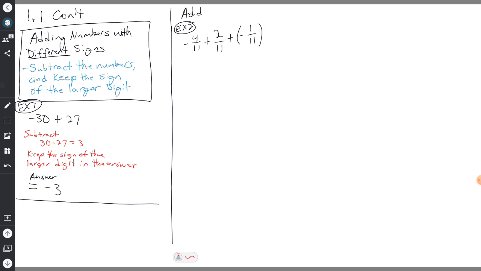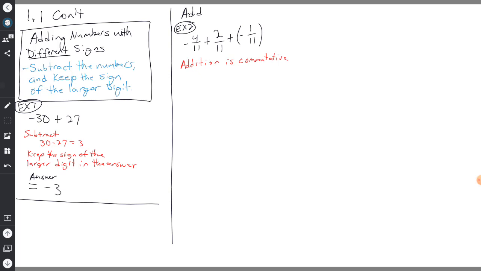So this problem has negative 4 over 11 plus 2 over 11 plus a negative 1 over 11. What we can do is put the negative numbers next to each other. We can move this around because addition is commutative. So what that means is that we can move this around and it still means the same thing.